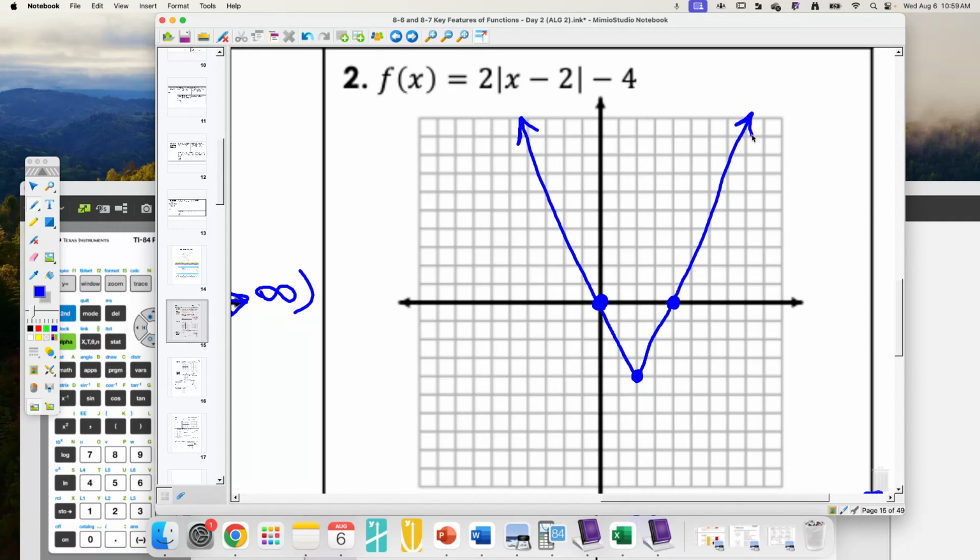Now we got to identify what's above and what's below. This is above. This is below. And this part is also above.